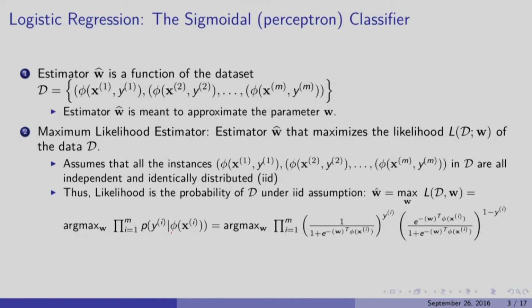In this specific case, the occurrence of any class label is basically a Bernoulli event. So y is 0 or 1, and this forms a Bernoulli event where the probability of class 1 is nothing but f_w(x).